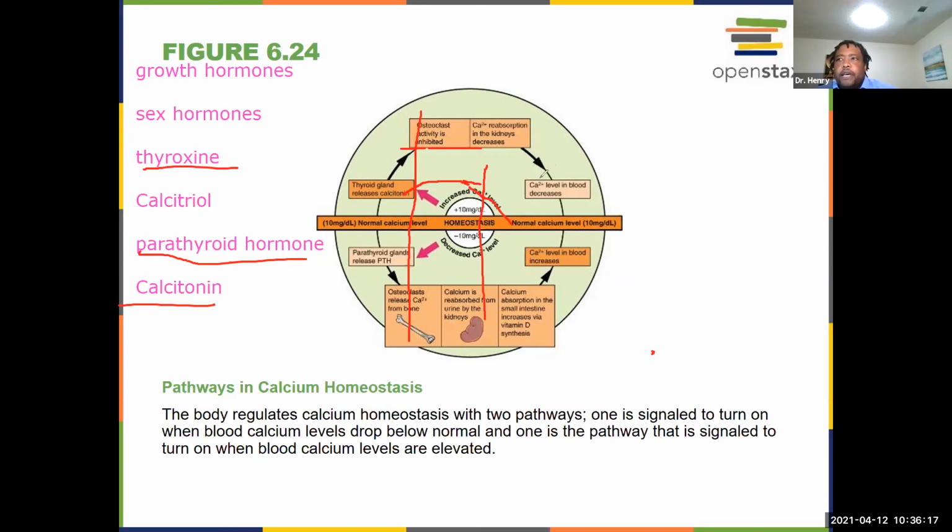So then your calcium levels in the blood are going to decrease.